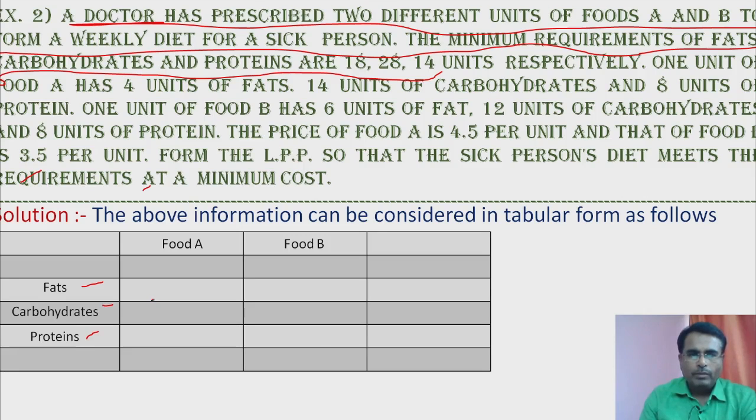Their minimum requirement for the body is also given here: 18 units of fat, 28 units of carbohydrates and 14 units of proteins.